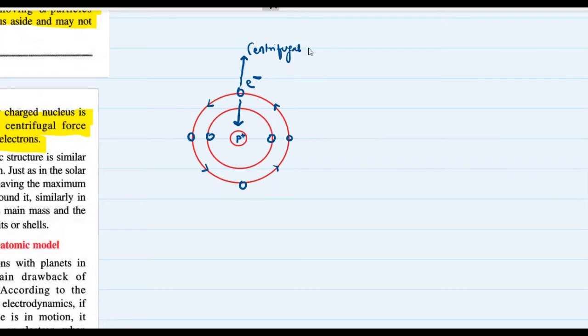Centrifugal force, which you are going to study in class 10, is a tendency of a body to move away from the center of the circle while moving in a circular path.